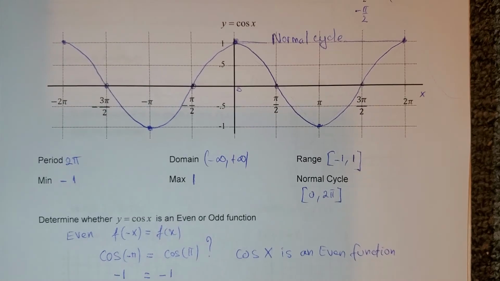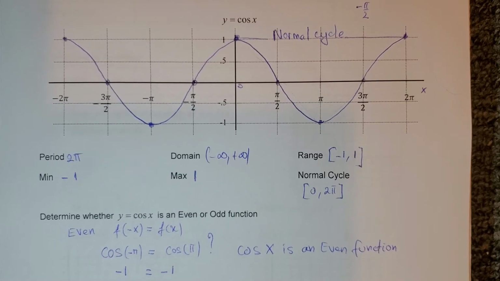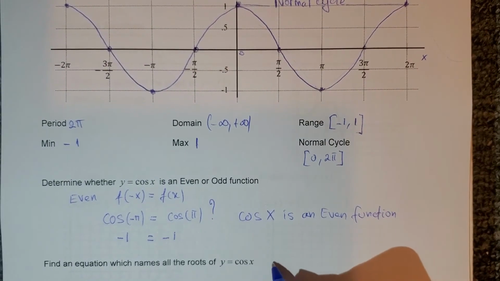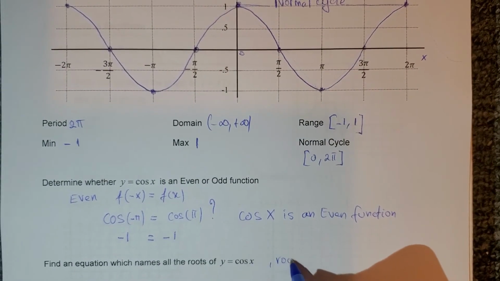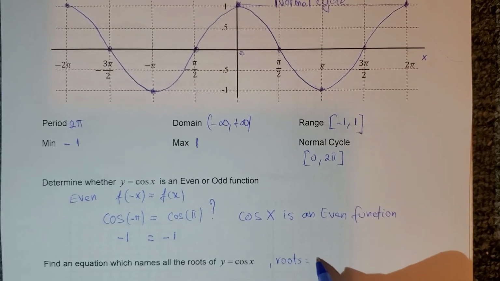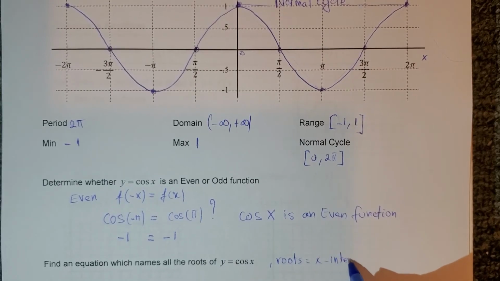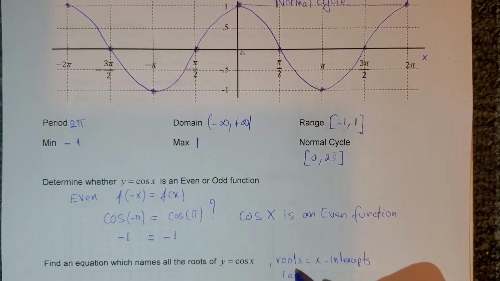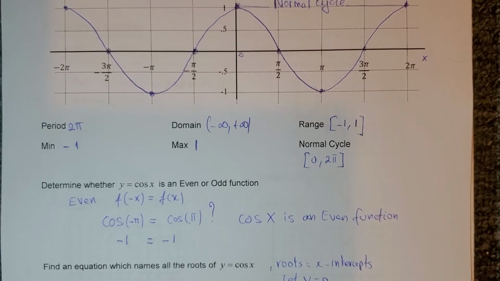Okay, so now we're going to look at how to find all the roots for the cosine function. We do the same thing. Root means the same thing as x-intercept. That means we have to let y equal 0. That's how you find all the roots.